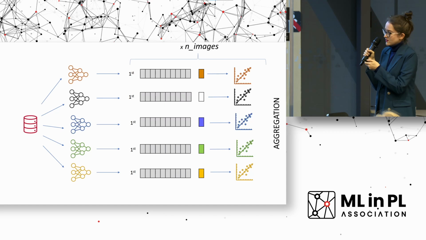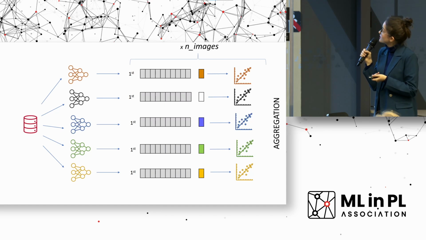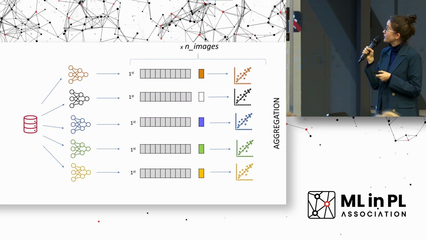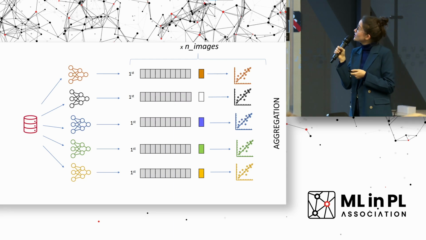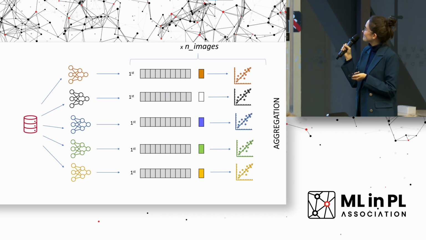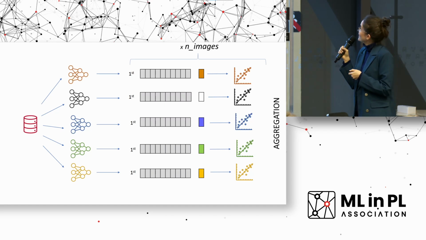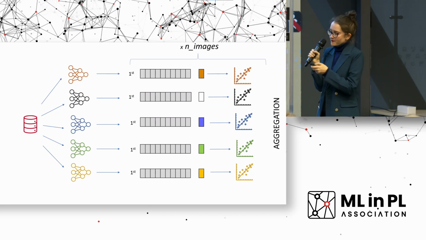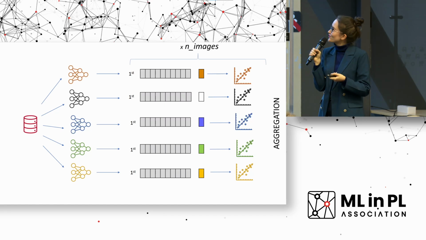Here we have the same color for all features because we always have the same backbone, and we modify and train just the classifier part, the multi-layer perceptron. Each of these copies is then the input to regression models, and we get some performance metrics so that later on we can aggregate them. And we do this procedure for all of the images.